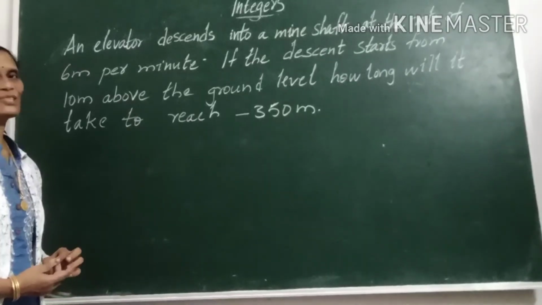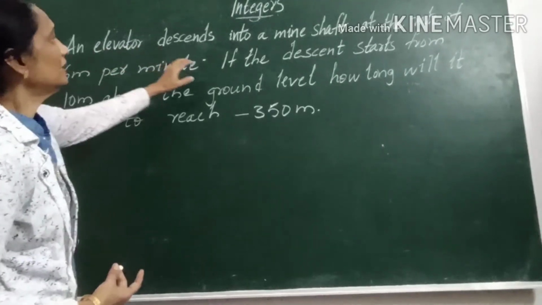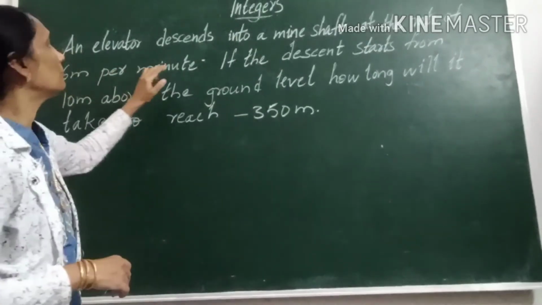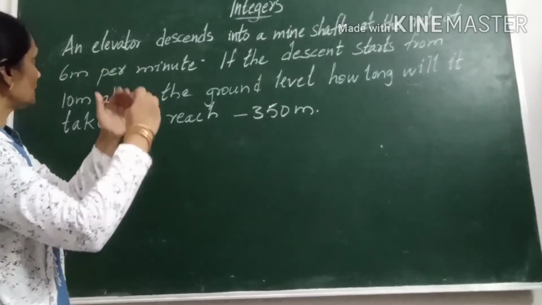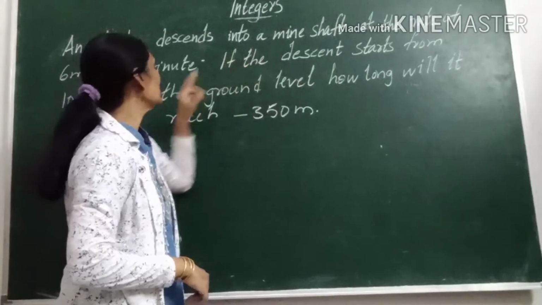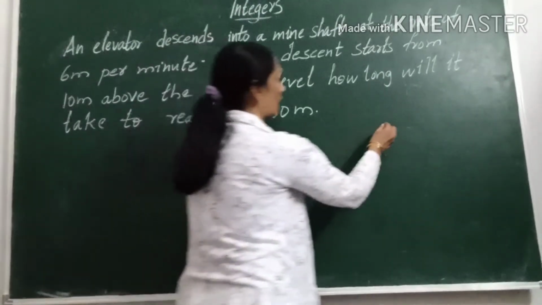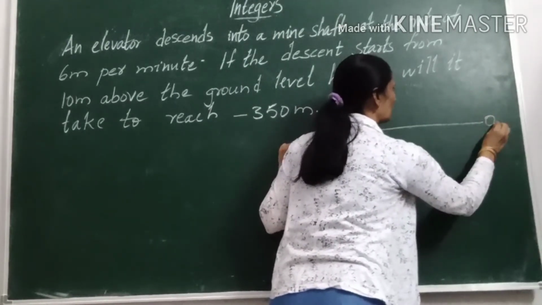Okay, the last question from this session, integers. An elevator descends into a mine shaft at the rate of 6 meters per minute. An elevator is descending, means coming down. If the descent starts from 10 meters above the ground, where does it start? Let the ground level be represented by 0.